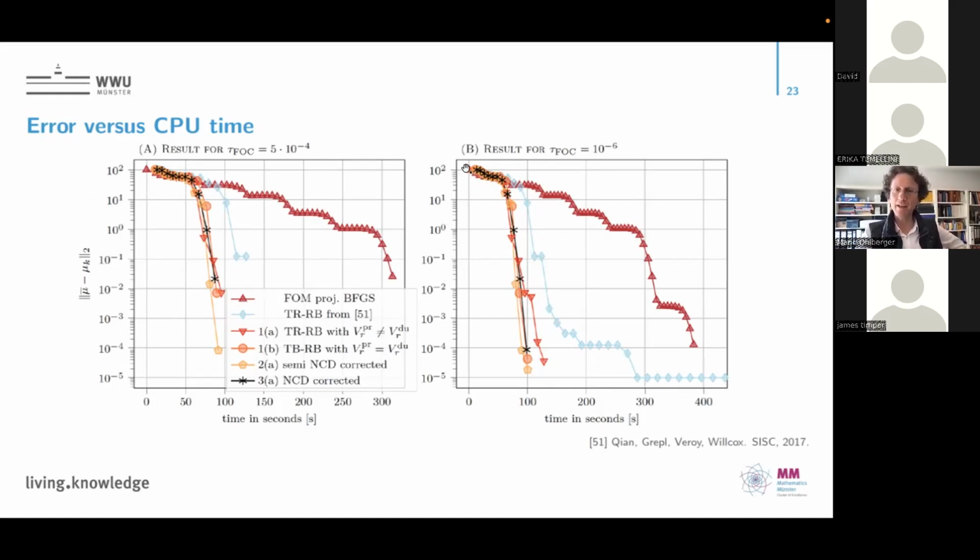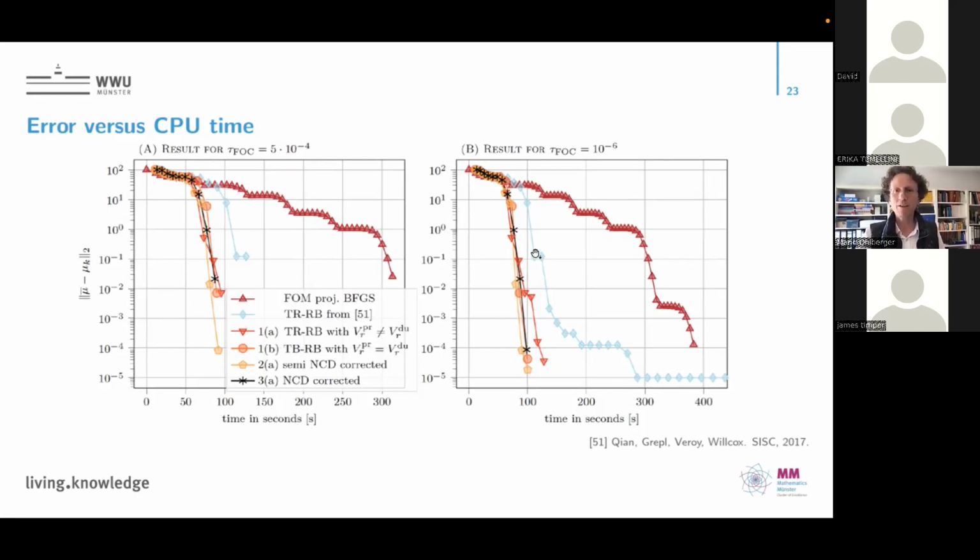At the beginning, we follow more or less the full order method until the basis that we construct, by just exploiting the parameter space in these points to enrich our reduced basis space, is good enough. And then it takes off, and we get this very fast convergence, which is similar to the online phase in this offline-online splitting behavior.